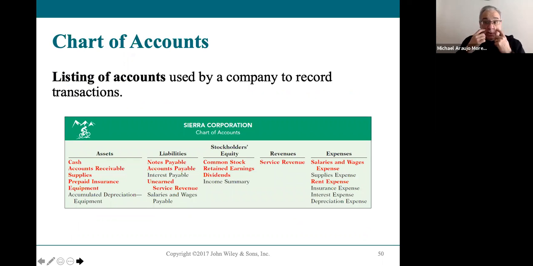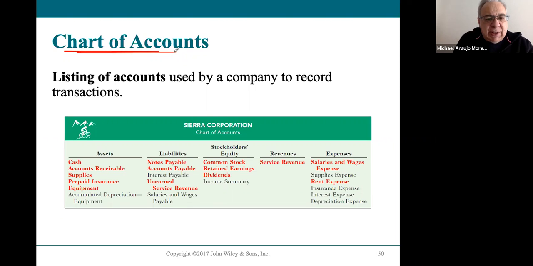The ledger is also created because every time you start a business, you need a chart of accounts. Okay. And a chart of accounts basically is, all right, you started a business, terrific. What accounts do you need? Because as transactions happen, you have to record the transactions, right? That's what accounting is. But in order to record a transaction and do accounting, you need to know what accounts you have.